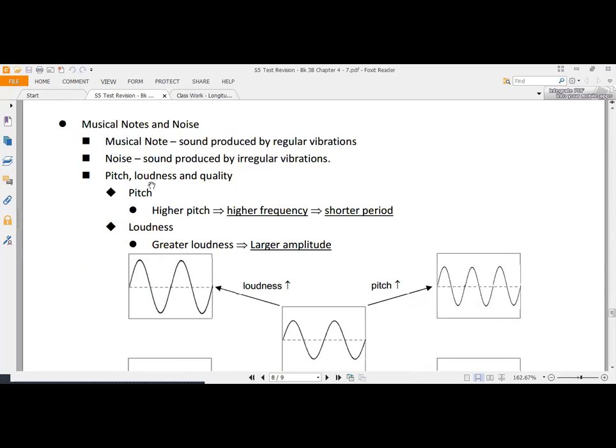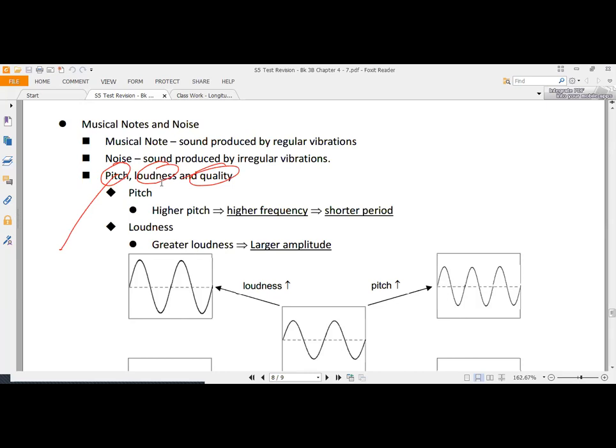Apart from that, we also have the sound, the musical notes. There are 3 things you should be able to identify: the pitch, loudness, and quality of sound. For the pitch, it talks about whether the frequency is high or not. When frequency is high, the pitch will also be high.